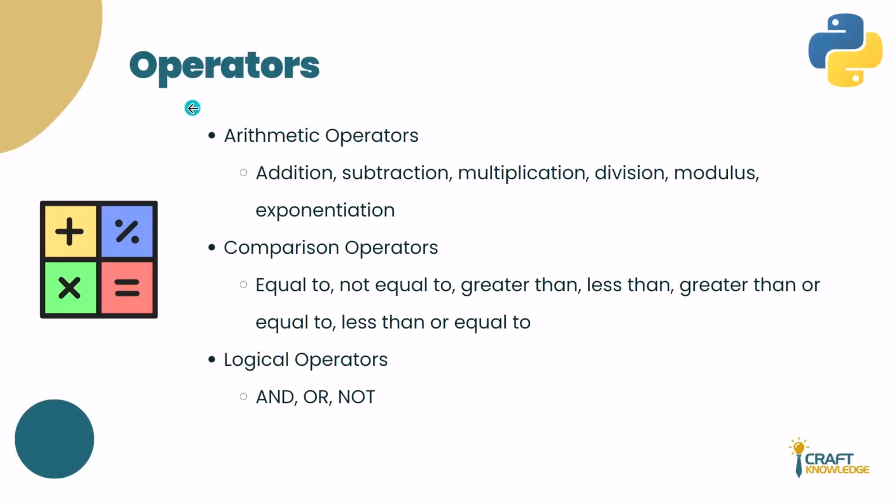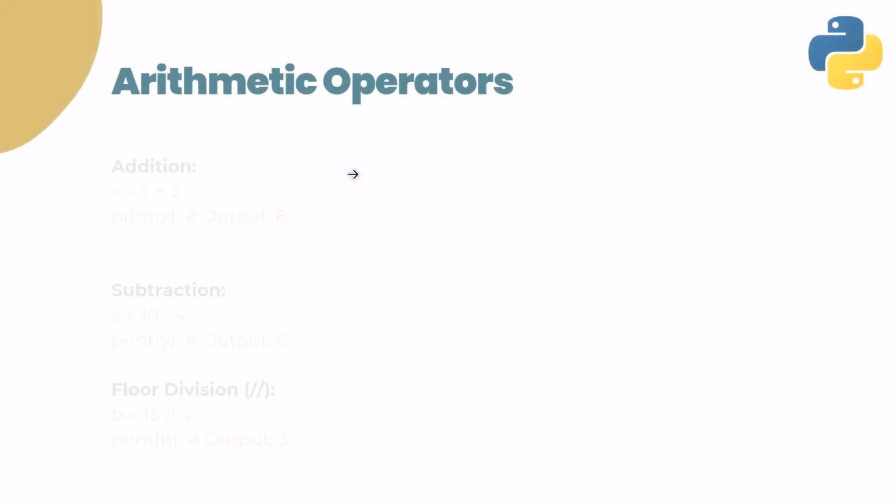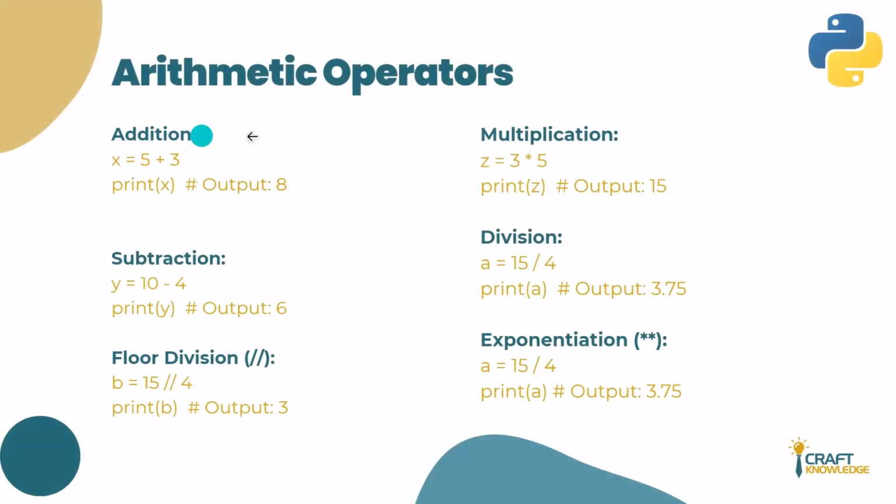Now let's talk about operators in Python. There are basically three types of operators: arithmetic operators, comparison operators, and logical operators. We have already talked about arithmetic operators, so let's have a quick recap of how they look. Basically we have six kinds of arithmetic operators: addition, subtraction, floor division.